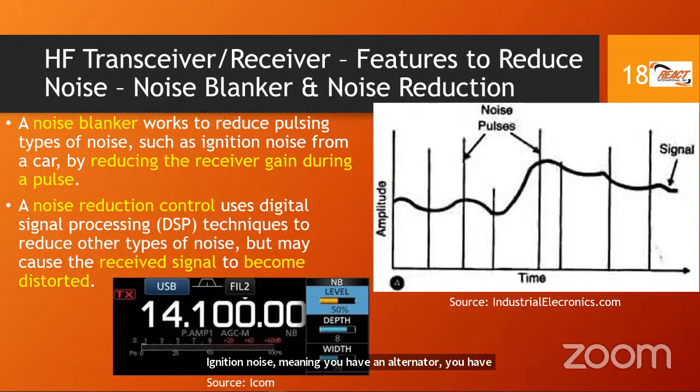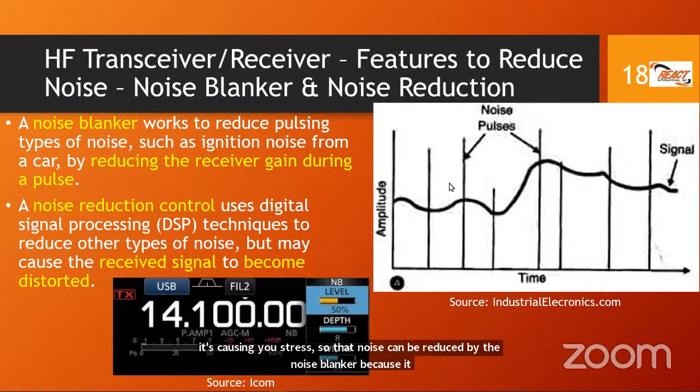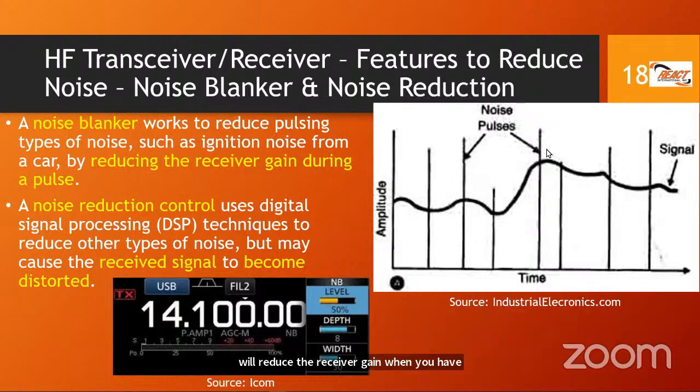Those devices, when operating nearby your radio, maybe your transceiver is in a car, or you are near a highway or roadway, or maybe someone is in the garage and that engine is on and it's causing you stress, right? So that noise can be reduced by the noise blanker because it will reduce the receiver gain when you have those pulses associated with the noise.